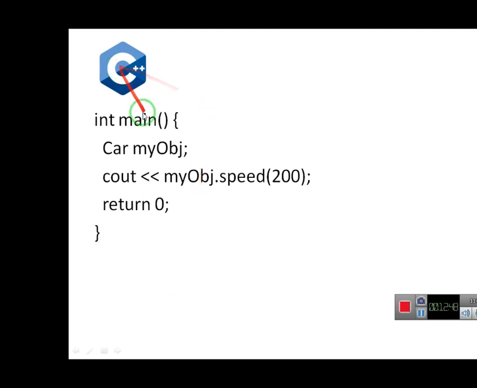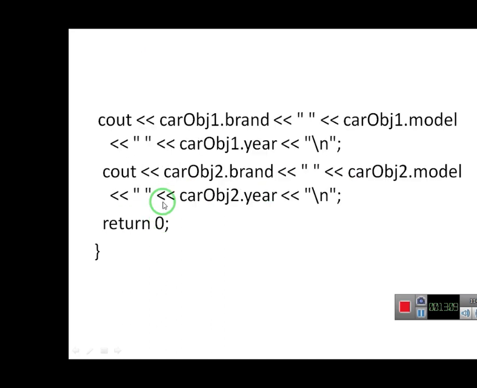Here we have a main function. This is Car, the class name, and here is my object. We are just declaring the object of the class. Now cout myObj.speed(200). Speed is the method that will take the integer data. What is the integer data here? 200, and return will be 0.